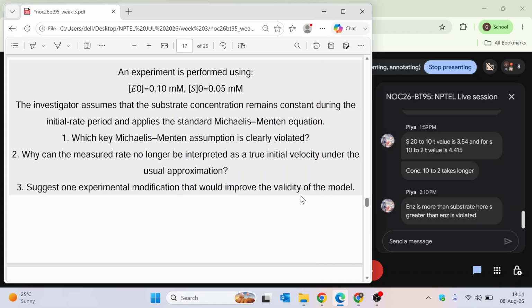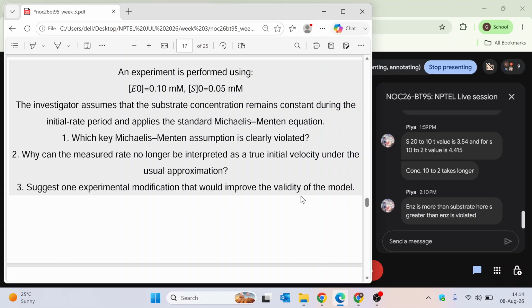So to validate this system, the one experimental modification, by now you would have guessed, is that you have to increase the substrate concentration considerably so as to comply with the third assumption of the Michaelis-Menten kinetics, or you can significantly decrease your enzyme concentration.